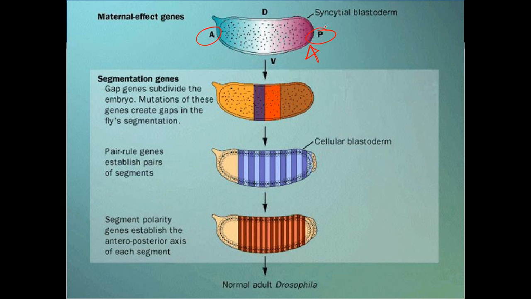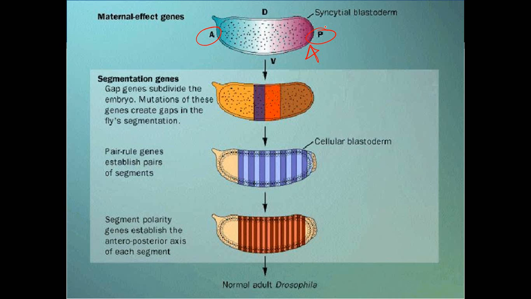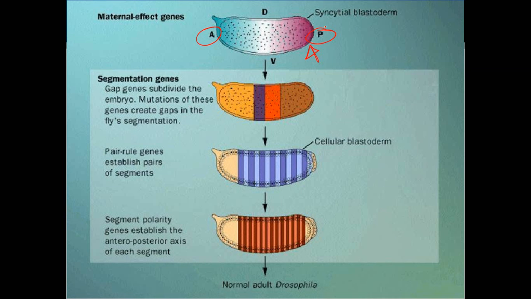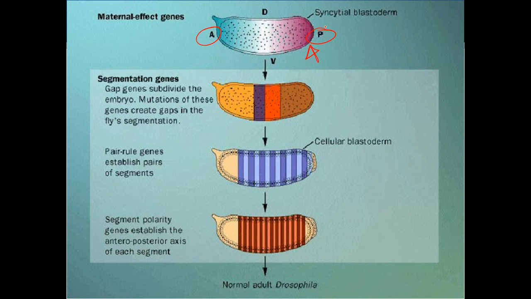Now, once that has occurred, the next thing that's going to happen is that we're going to divide that blastoderm into 3 major parts, if you will. And those are going to be controlled by something called gap genes. And mutations in these gap genes are going to create a malformed larvae.